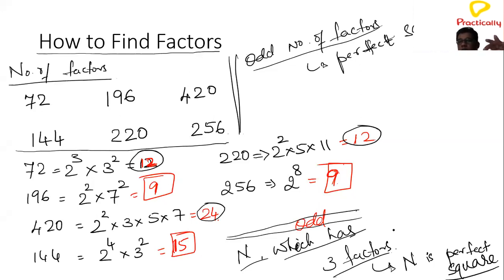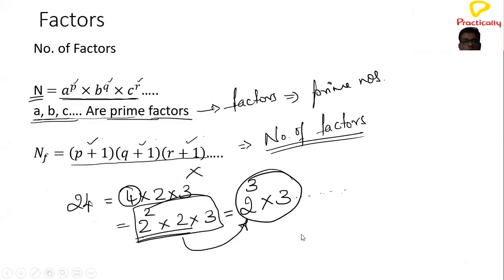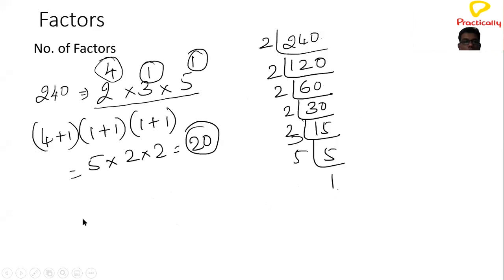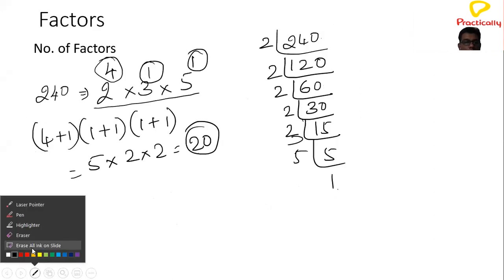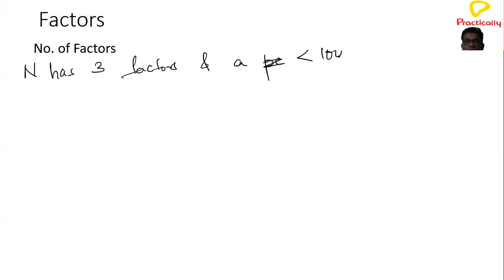Let's assume that the question now says n has 3 factors and n is less than 100. Let me say that I'm throwing a question to you guys. Let me erase this. Saying that n has 3 factors and is less than 100.